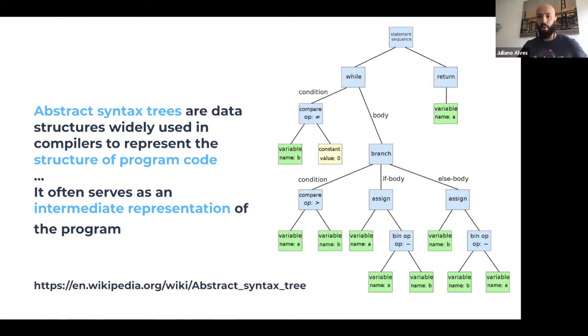So if you look to the right-hand side, I hope it's your right-hand side as well, you see this graph that's quite simple, showing some of the instructions we use in well-structured programs like while, return, assign, comparisons, variables, and this sort of stuff, right? Every language has this sort of abstraction behind the scenes, even though most of the time you don't even have to think about it, right?